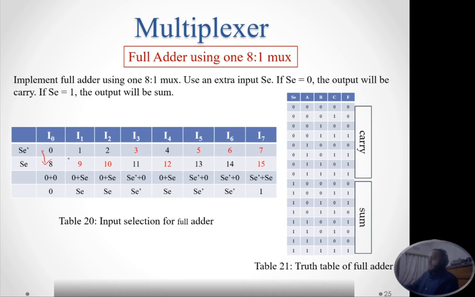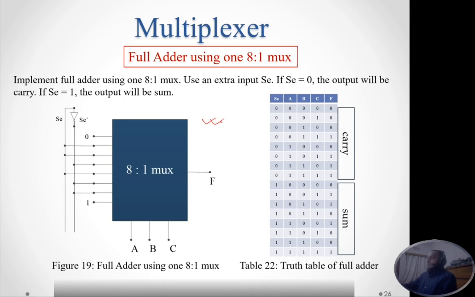So after applying OR operations column wise we can find the 8 inputs of the 8:1 mux. This is the logic diagram of full adder using 1 8:1 mux, and this is the truth table.